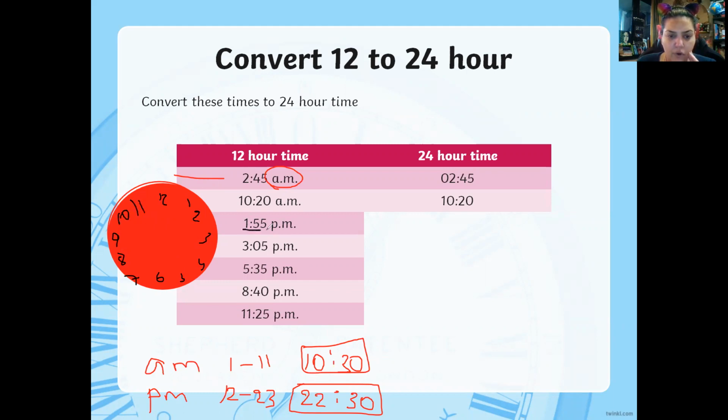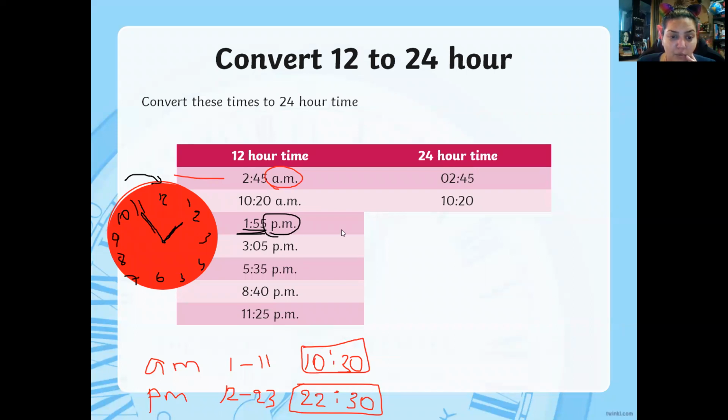And I want to draw 1:55. So my small hand is between 1 and 2, because it's going to be 2, and my big hand at 11. So 1:55 or 5 minutes to 2 p.m., that means it's in the afternoon.